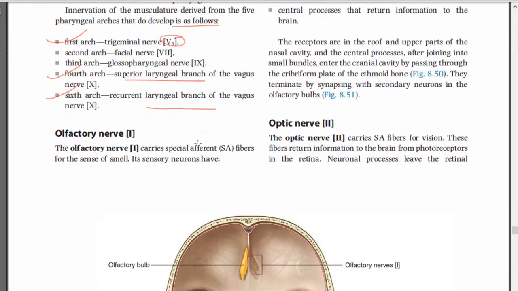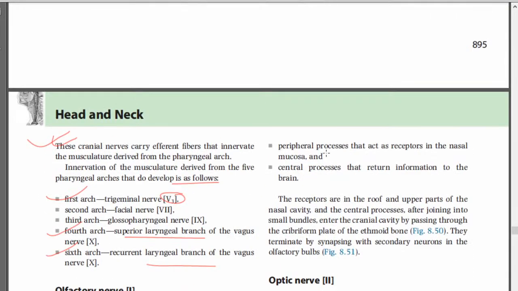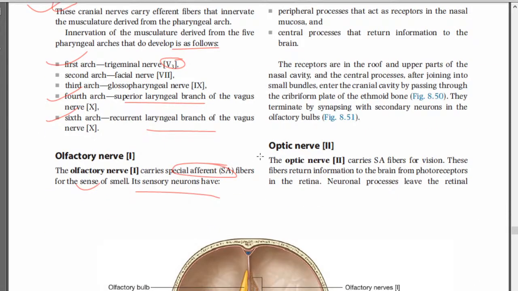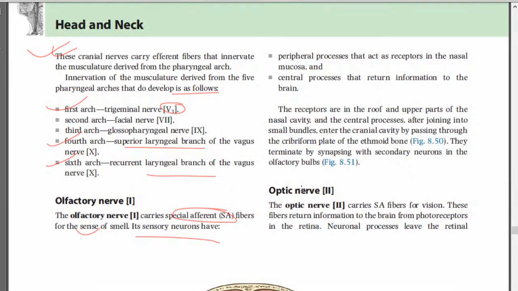Olfactory nerve carries special afferent fibers for the sense of smell. Its sensory neurons have peripheral processes that act as receptors in the nasal mucosa, and central processes that return information to the brain.